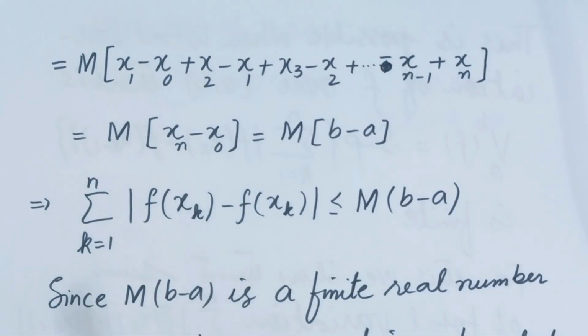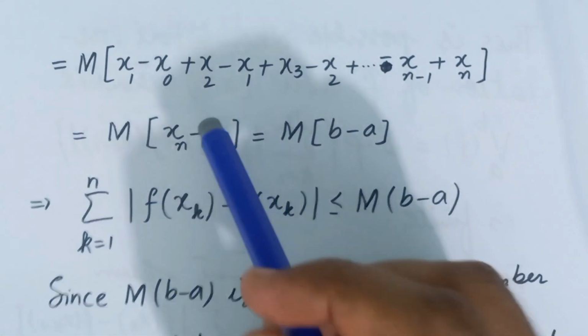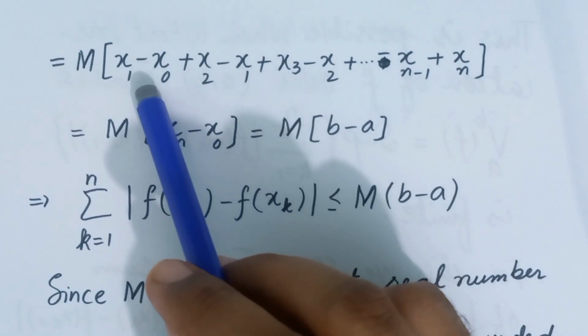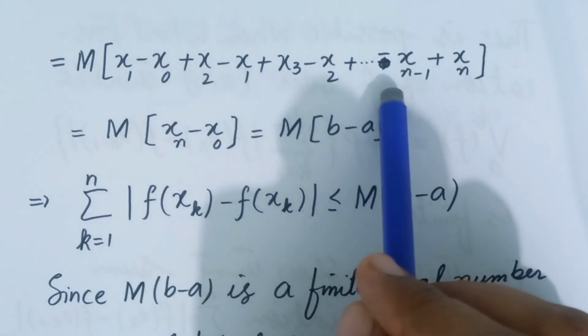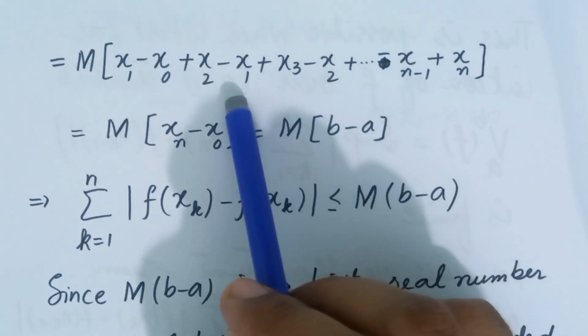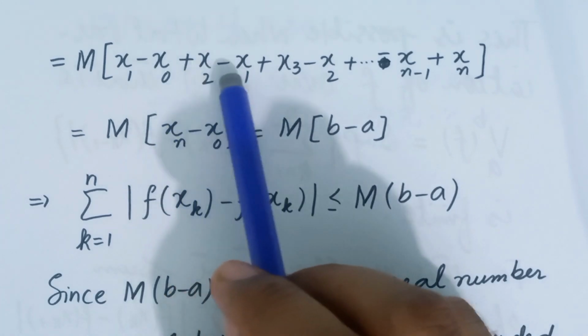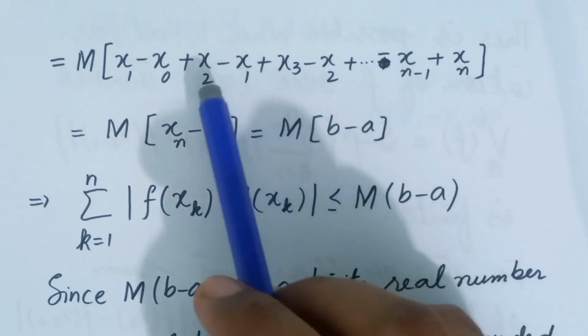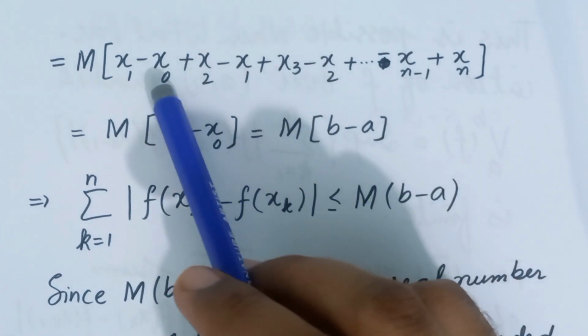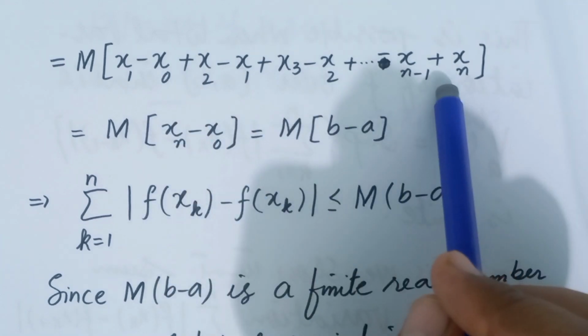We can see that each term in this expression will occur two times, but with alternate sign, except the two terms, that is, the first term x0 and xn.